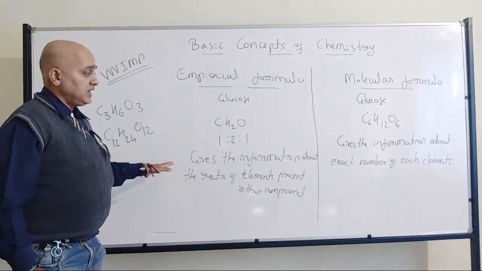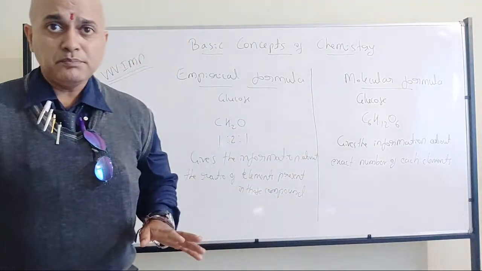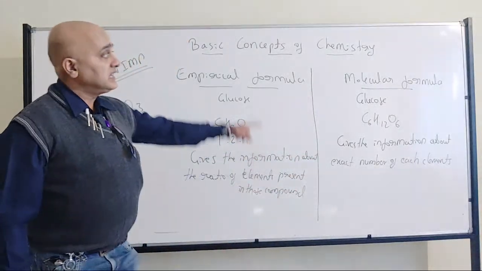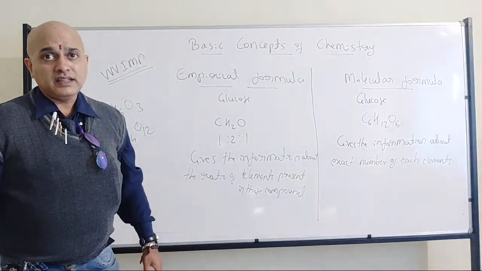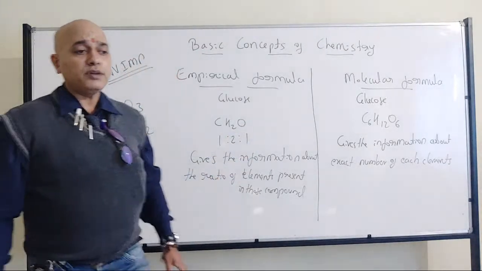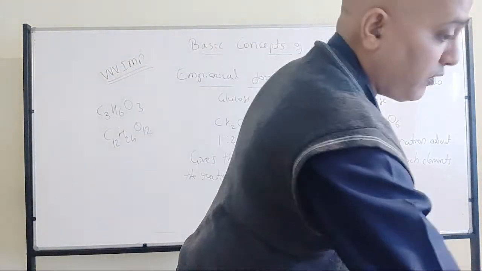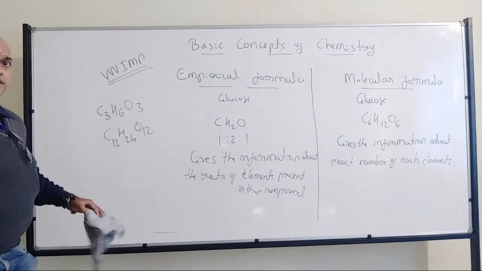It will not tell the exact number of these elements present in that compound. That will be by the molecular formula. All of you have understood? That is the difference between molecular formula and empirical formula. Fine?